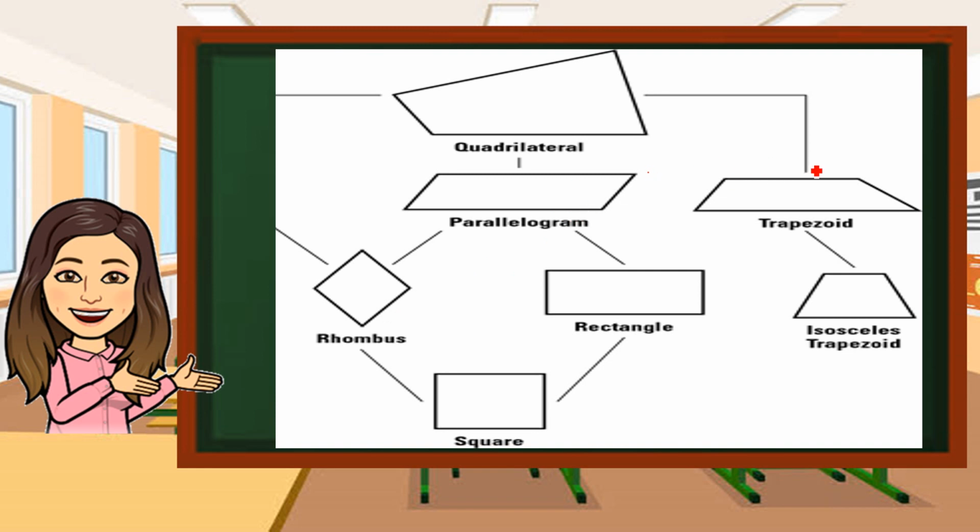So let's go first to the quadrilateral with only 1 pair of opposite sides that are parallel.